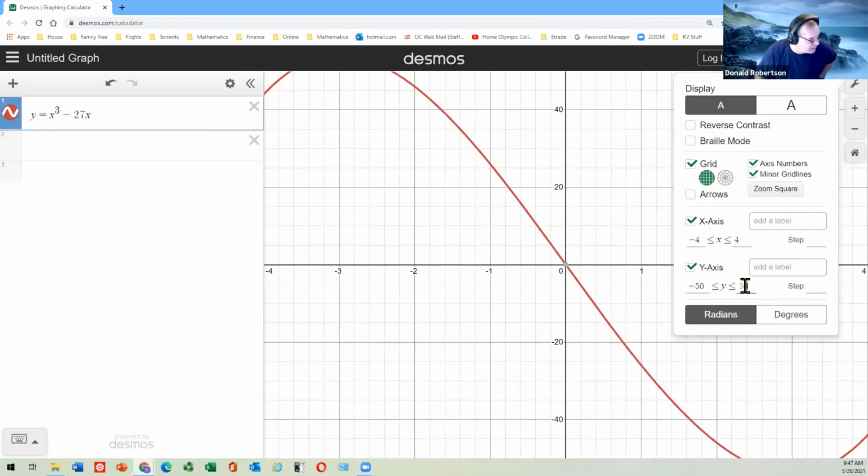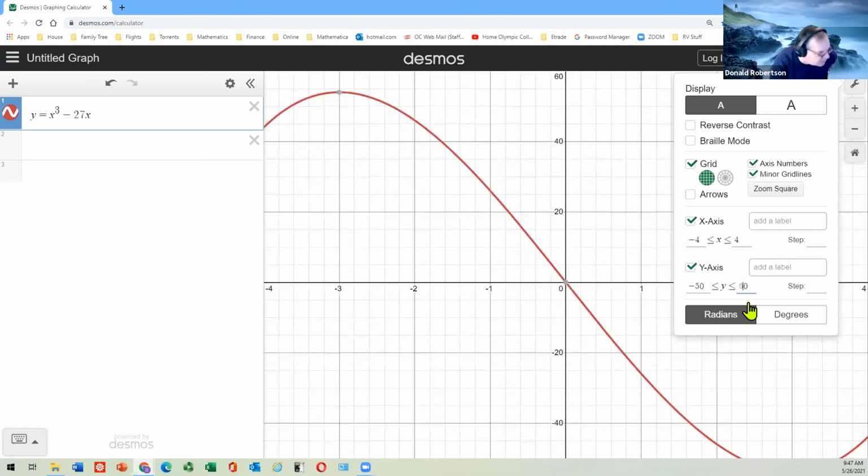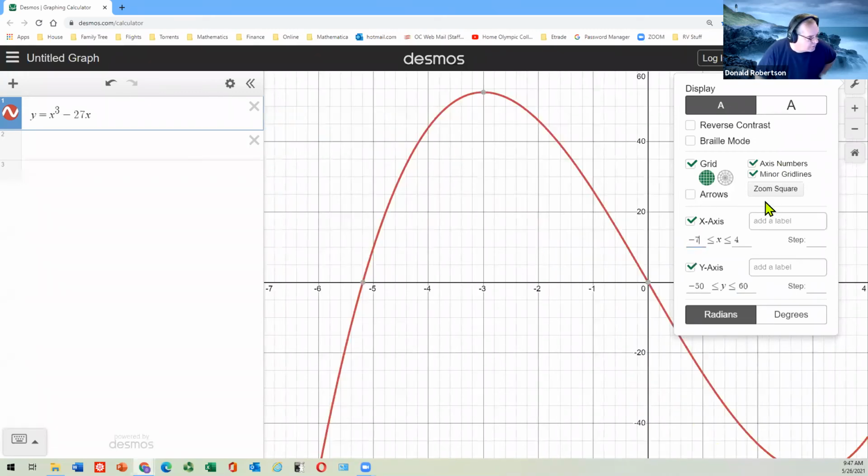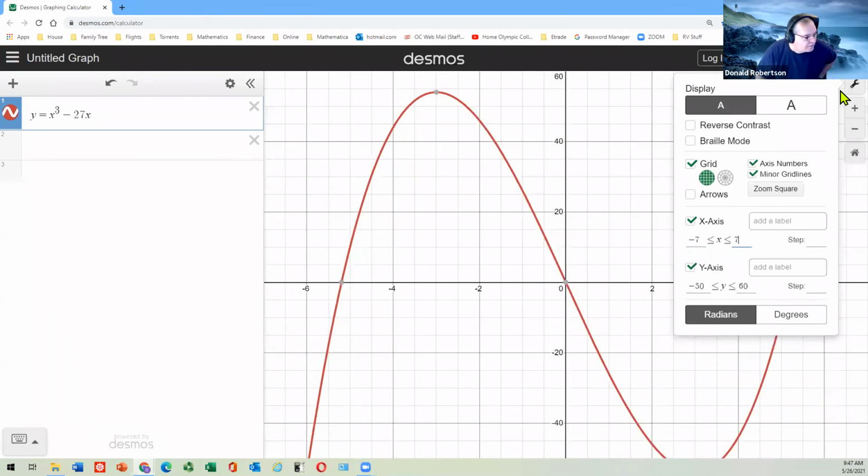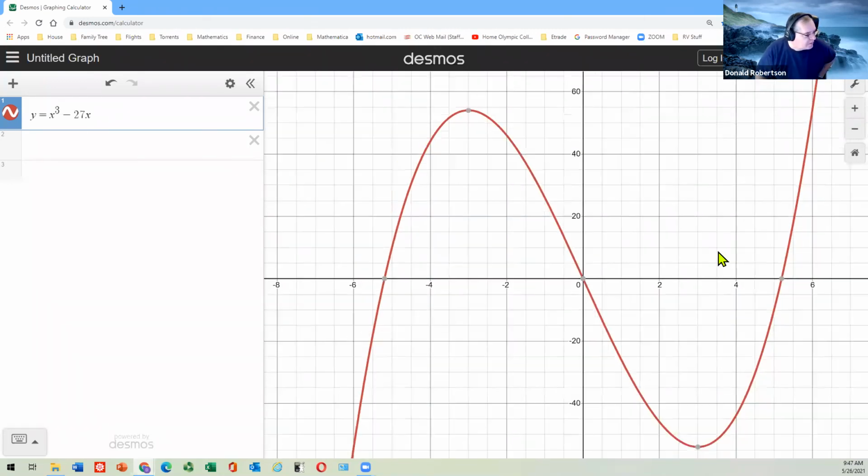Right, maybe 60. That looks good. And maybe make this a little bit wider. There we go. That looks pretty good now. Can you see that you sometimes have to tweak the windows in x and y to see what you want to see? Can you see that cubic that I kind of badly drew earlier? That guy.